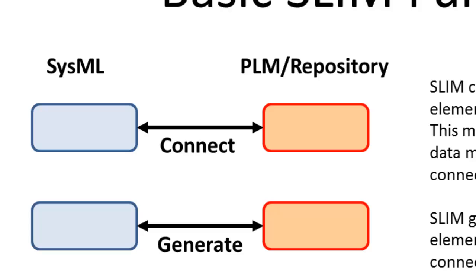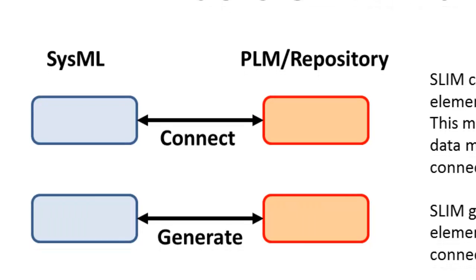And generate if they exist only on one side, and we want to create an equivalent structure on the other tool side. For example, if we have a SysML block structure and we want to create a PLM part structure from that, or vice versa, we would want to be able to generate such a separate structure, and a set of persistent connections between the elements on both sides that have been created.